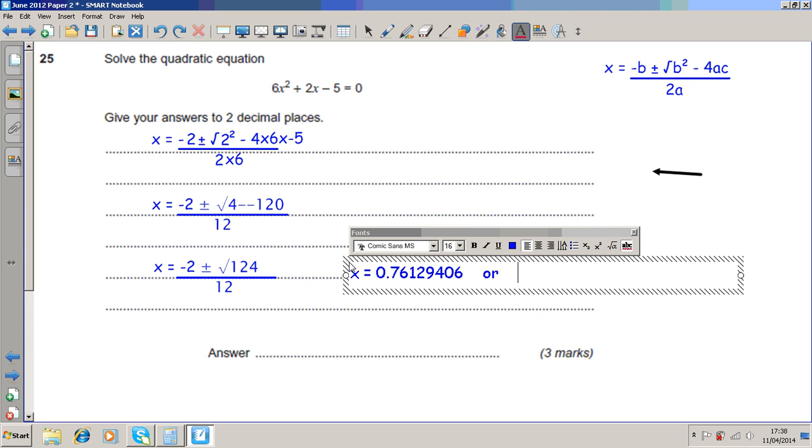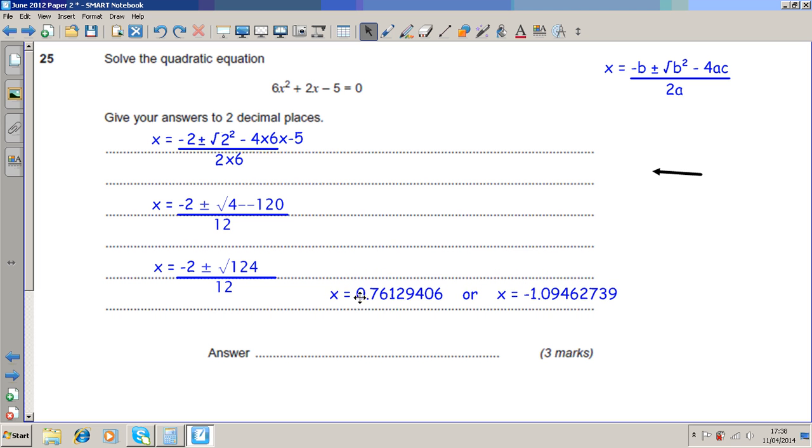Or if I take it away, so minus 2 take away square root of 124, divided by 12, my answer is minus 1.092739. So there are 2 answers, and they want them to 2 decimal places.